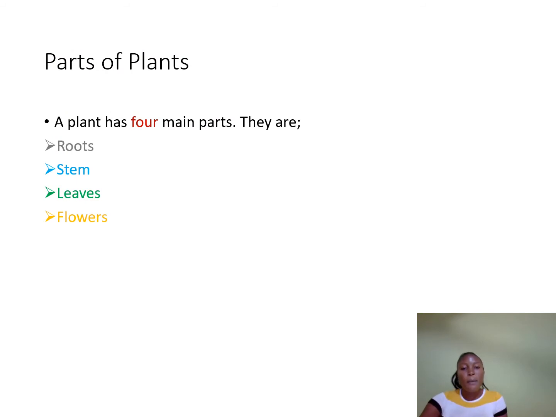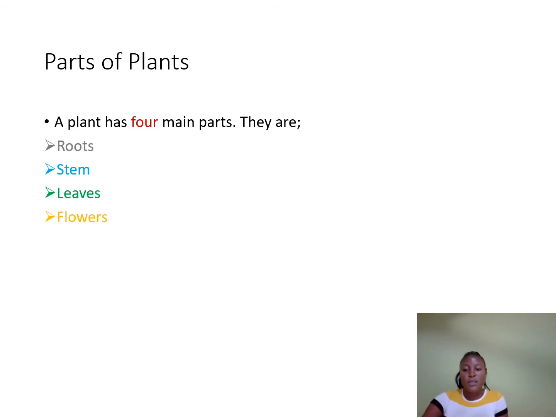Now we're going to talk about the parts of plants. A plant has four main parts. Do you know that? I believe you do. Now let's look at these four main parts. We have roots, stem, leaves, and flowers.